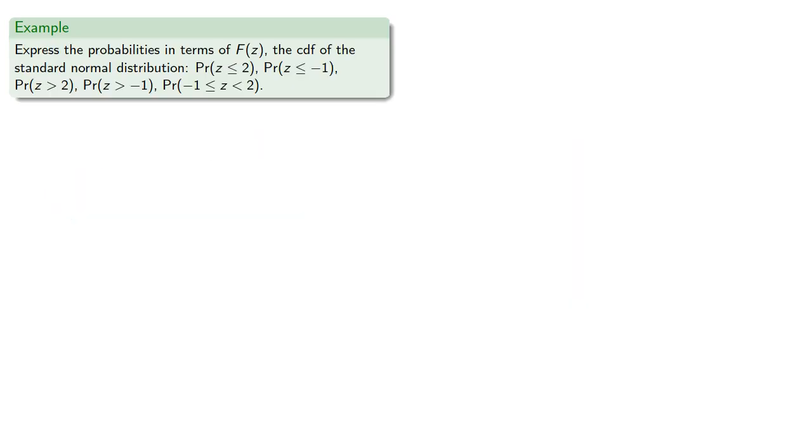So let's express the probabilities in terms of the CDF of the standard normal distribution. Remember, the CDF gives the probability that our random variable is less than or equal to a certain amount. So if that's what we're looking for, the CDF gives us the value.